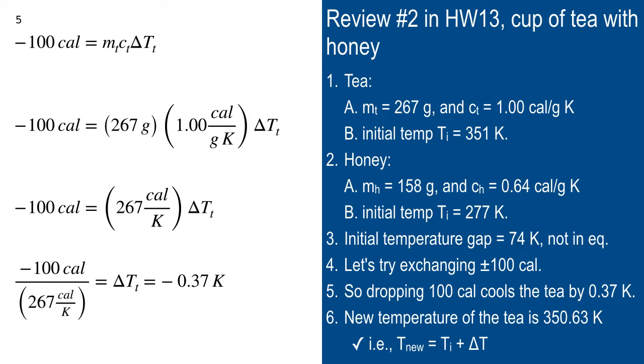It's right here, I just mentioned it. We started at 351, we subtracted 0.37, and we're down to 350.63. Good. Unfortunately it didn't budge by much, but we can still make this work.